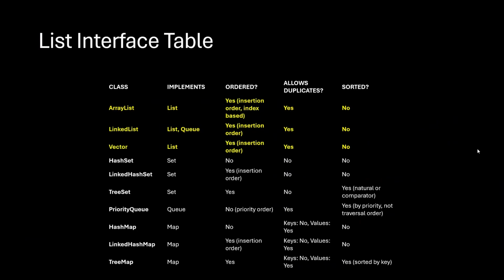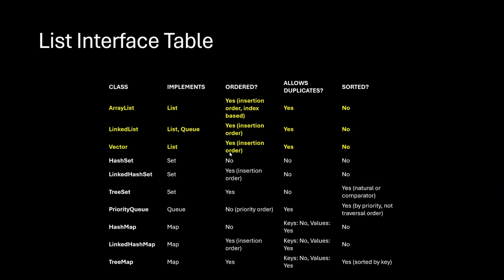All right, so this is that table that we looked at during Introduction to Collections. Now we can go over this in a little more detail. It's all the same information. ArrayList, LinkedList, and Vector all implement the list interface. That means they take the abstract methods from the list and provide their own implementations.